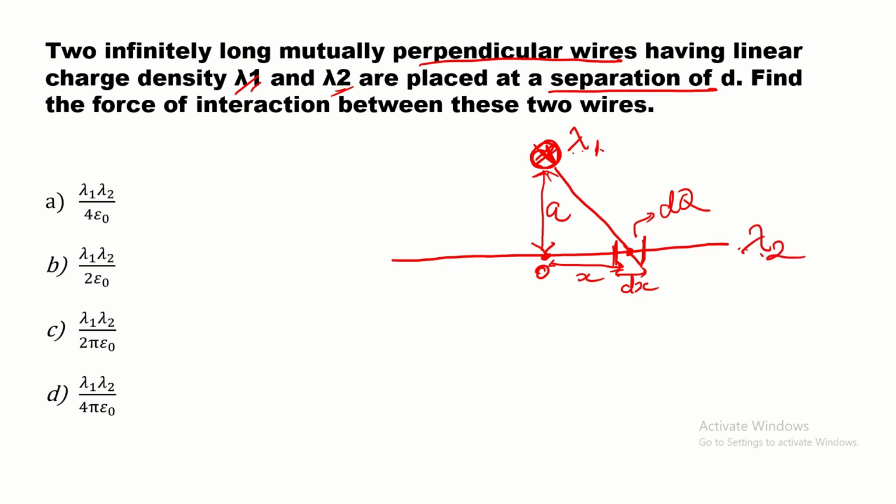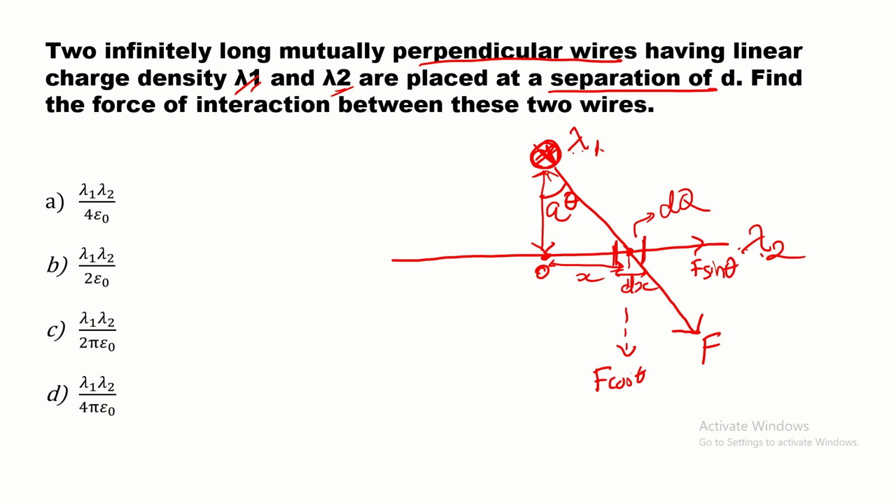So a force will be acting away from here. Both of them will have the same type of charge, let's say positive, we assume. So the force will be away from each other, let's say F, and the angle formed over here would be theta. Then this F can be divided into F cos theta and F sin theta.